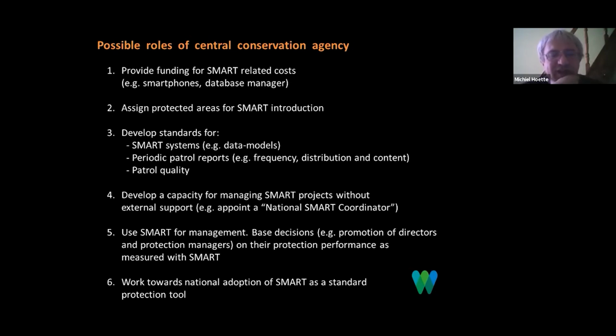For instance, I think they should select for promotion directors and protection managers that have shown they improved the quality of protection after SMART was introduced. And eventually it's also a very good idea if they work towards national adoption of SMART as a standard tool.